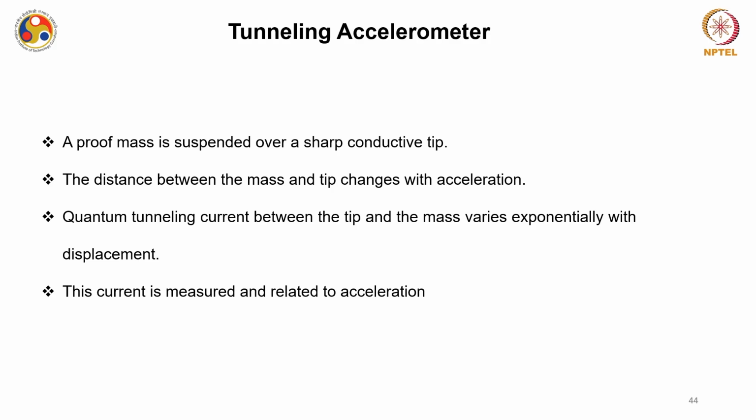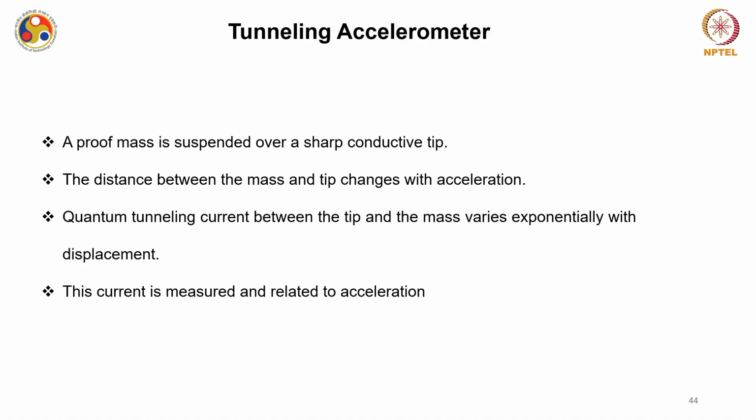Okay, now in the HGA we have seen that there is no proof mass actually. We have used the gas itself as a proof mass. Okay, but except that, in all other cases of accelerometers we have seen that there is a concept of proof mass. In fact, in the HGA also, at least gas is there and gas itself is being used as a proof mass, right. So in the tunneling accelerometers also, you have a proof mass.